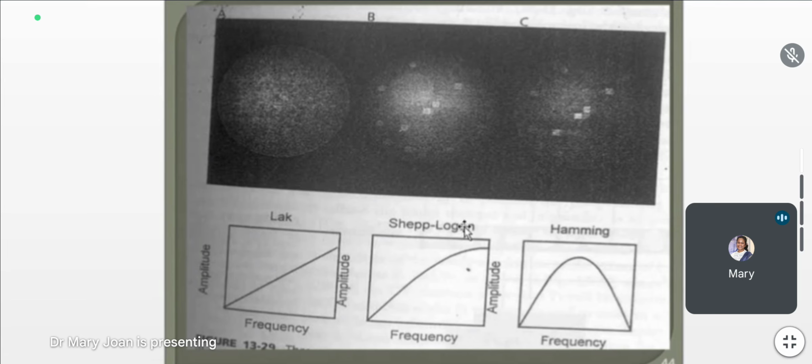You can see the amplitude versus frequency graph of different filters, how the filtration works. Accordingly, the image quality, contrast or resolution becomes better.